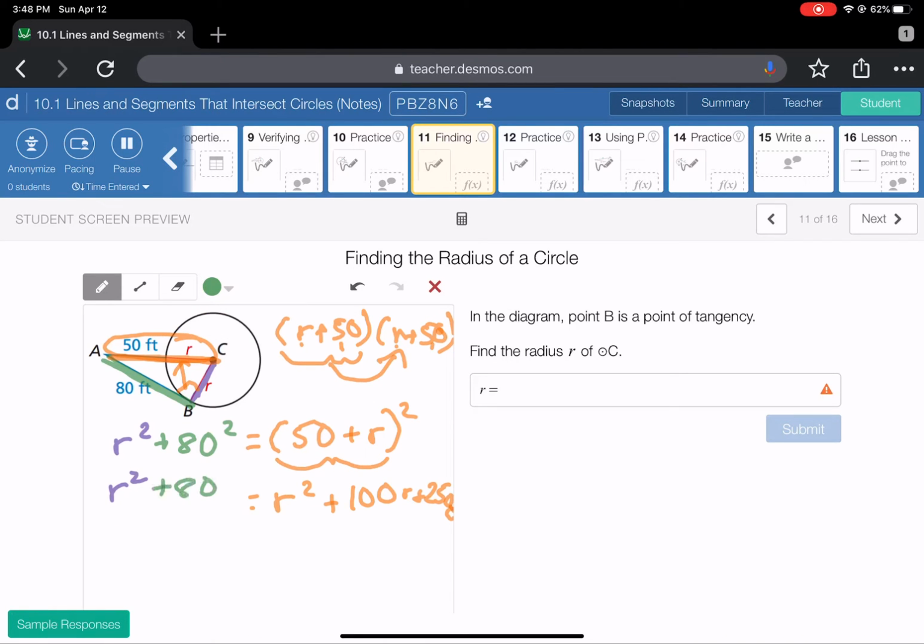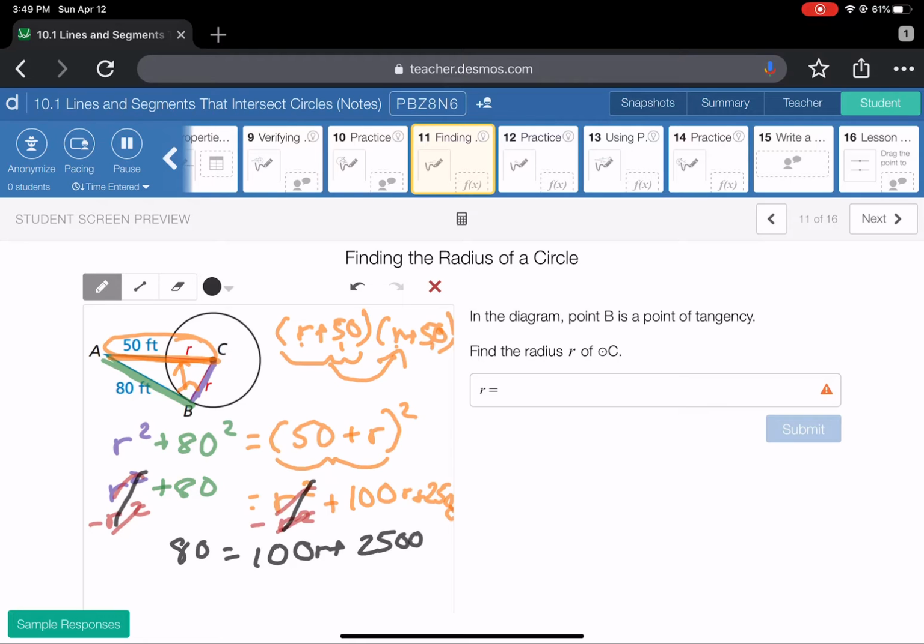plus 80. All right, so what I want to do here is get the two like terms together. The two like terms are r squared. I'm going to move this one over to the left side, and you're going to notice how r squared will be canceled out here. That's going to give me 80 is equal to, this is gone, 100 plus 100r plus 2500.